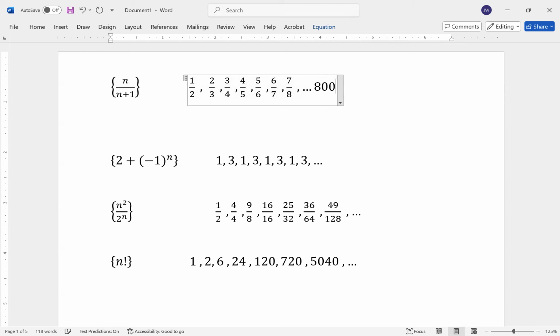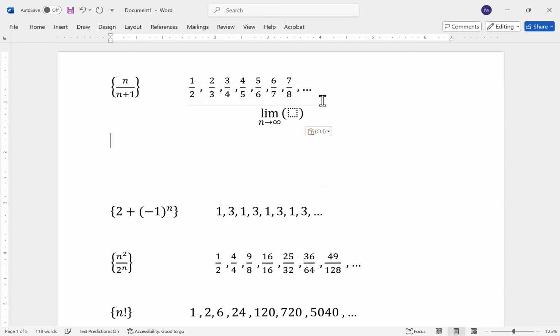We'd have 800 divided by 801 as the term. That's pretty darn close to 1. Or if we plugged in 10,000, we'd have 10,000 divided by 10,001. Again, that's pretty darn close to 1. So we can just logically think through that.